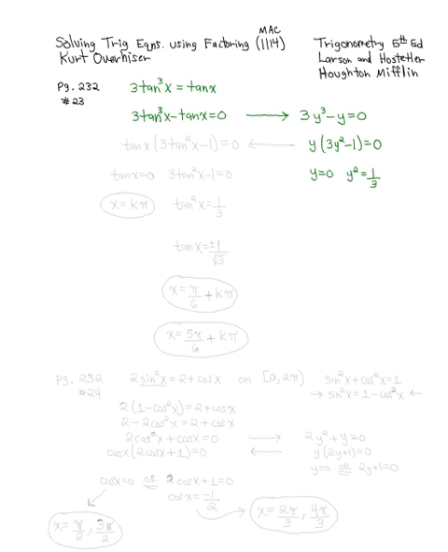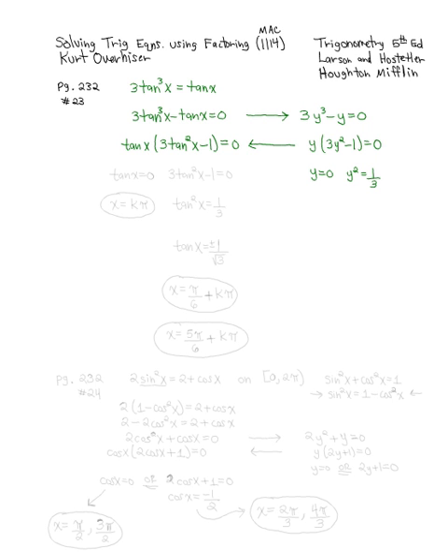So we're going to basically go backwards and use this idea that we just worked here on the side of the margin. And we're going to factor out the greatest common factor. Instead of being y, we're going to factor out the tangent of x. And we're left with 3 times tangent squared of x minus 1 equals 0.